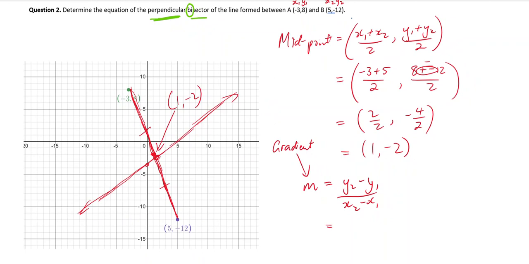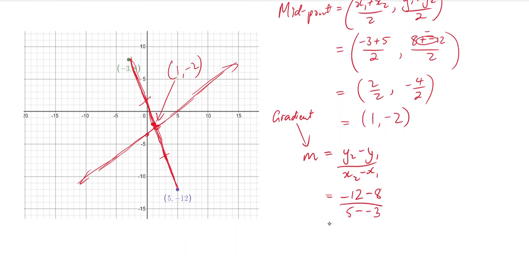So we've got y2 is -12, -12 minus y1, which is 8, all over x2, which is 5, minus x1, which is -3. And so let's go ahead and simplify that. -12 minus 8 is -20, over this becomes a positive when we've got 2 negatives together.